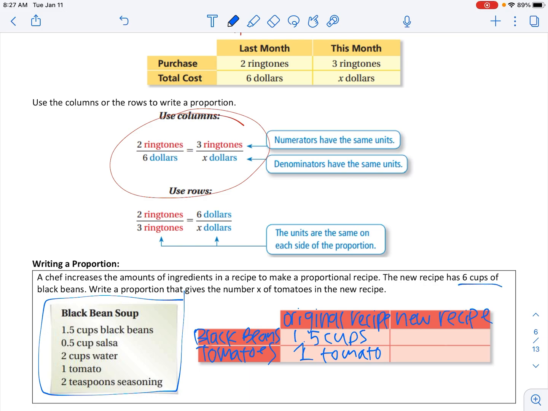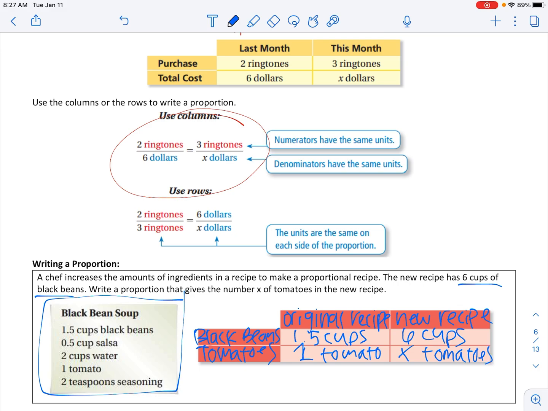It says that right there in the question. So 6 cups black beans. And then we're trying to find the number of tomatoes. So we're going to have X tomatoes. Okay. And that is our table.